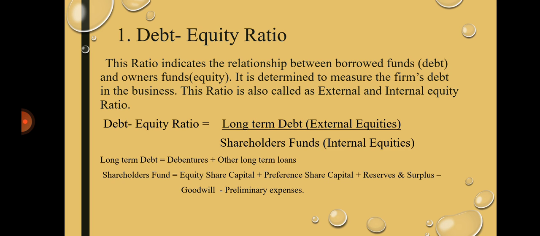External equities include debentures plus other long term loans, whereas internal equities are nothing but shareholders' fund or own fund. Internal equity is equity share capital plus preference share capital plus reserves and surplus minus goodwill and preliminary expenses, that is, fictitious assets.